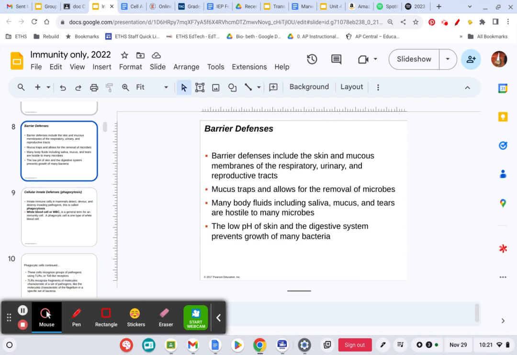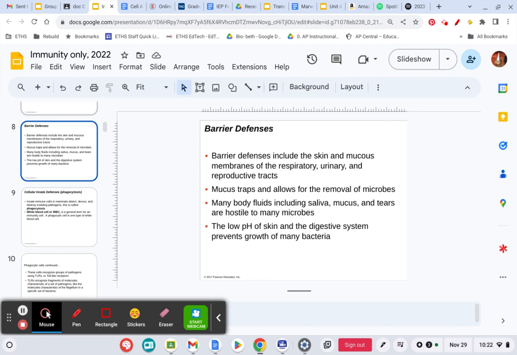Let's start off with the very basics, which are the barriers. So there are barriers that allow us to stay healthy, and those include the mucous membranes. So the lining of our nostrils, of our digestive tract, of our urinary tract. Those all have ways to get rid of infections.